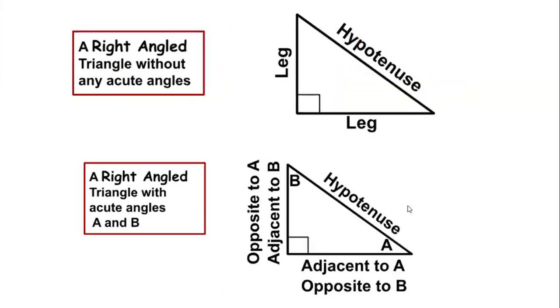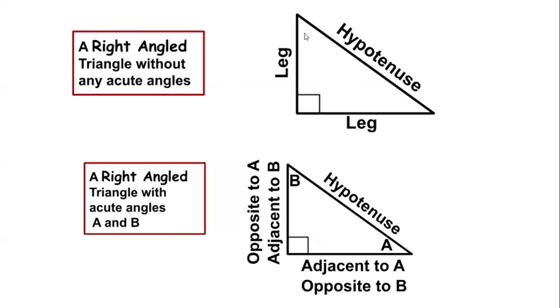So let's talk about the right angled triangle first. A right angled triangle without any acute angles, this is how you would label it. The hypotenuse is always opposite the 90 degrees. If you want to put it that way, you can say the box for the 90 degrees points to the hypotenuse.